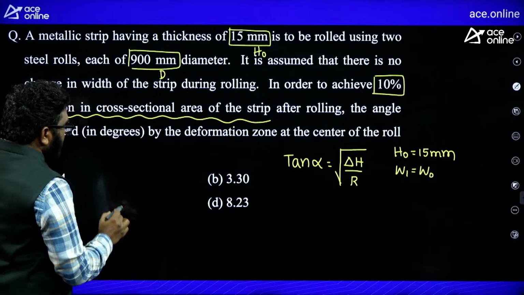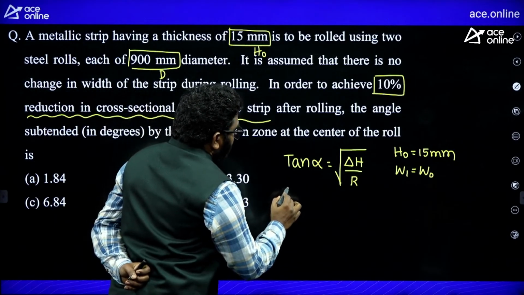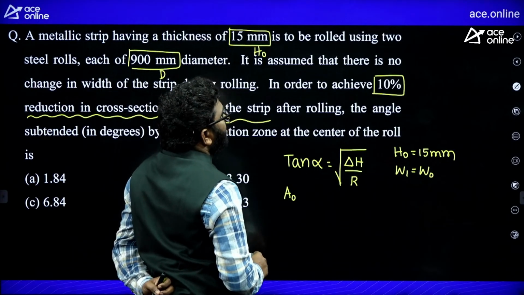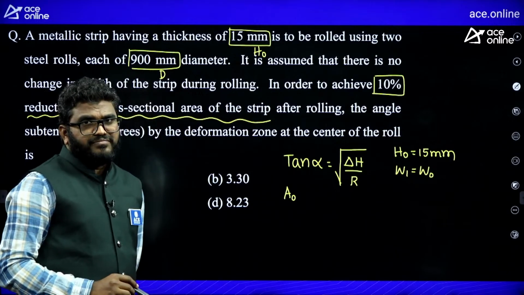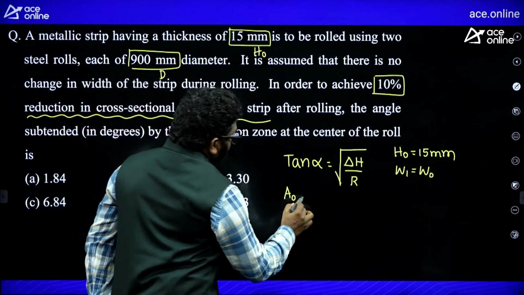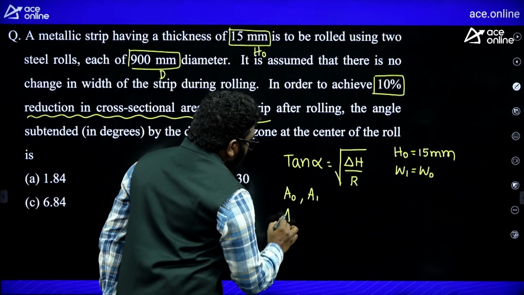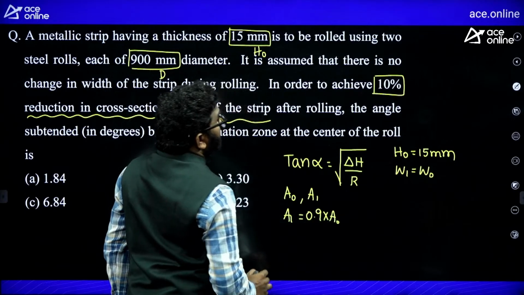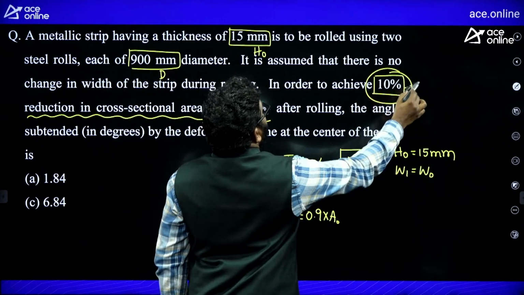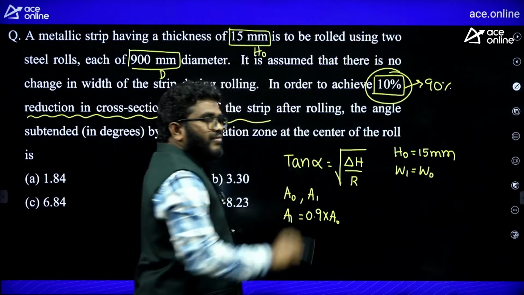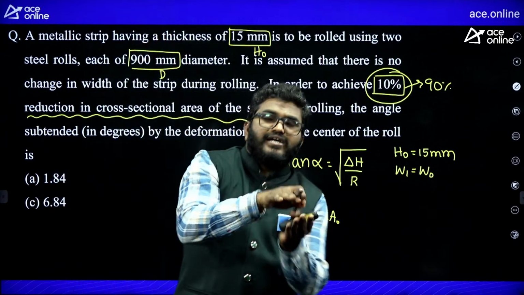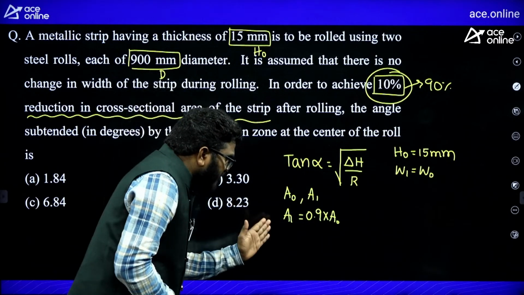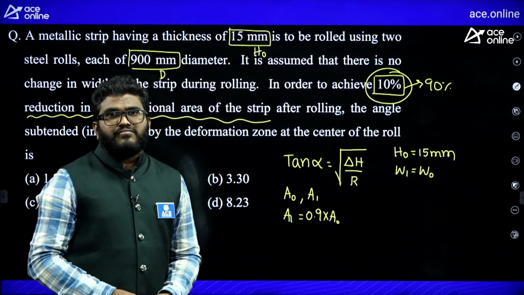So, remember, I am assuming initial area A0, final area A1, in order to achieve 10% reduction. So A1 is equal to 90% of A0. Remember, 10% reduction in cross-sectional area means the remaining 90% is left. That's why I am writing A1 is equal to 0.9 into A0.